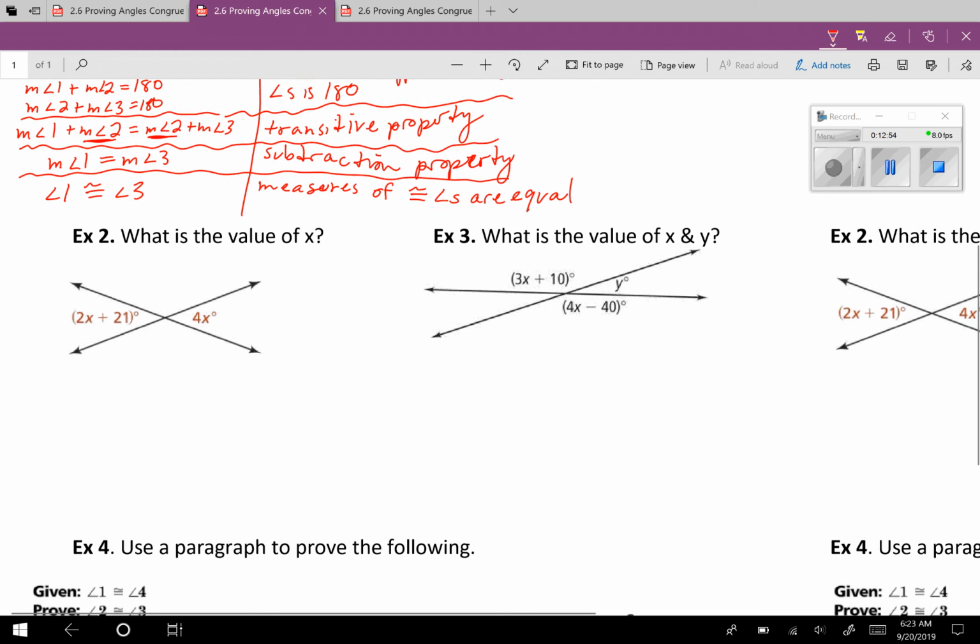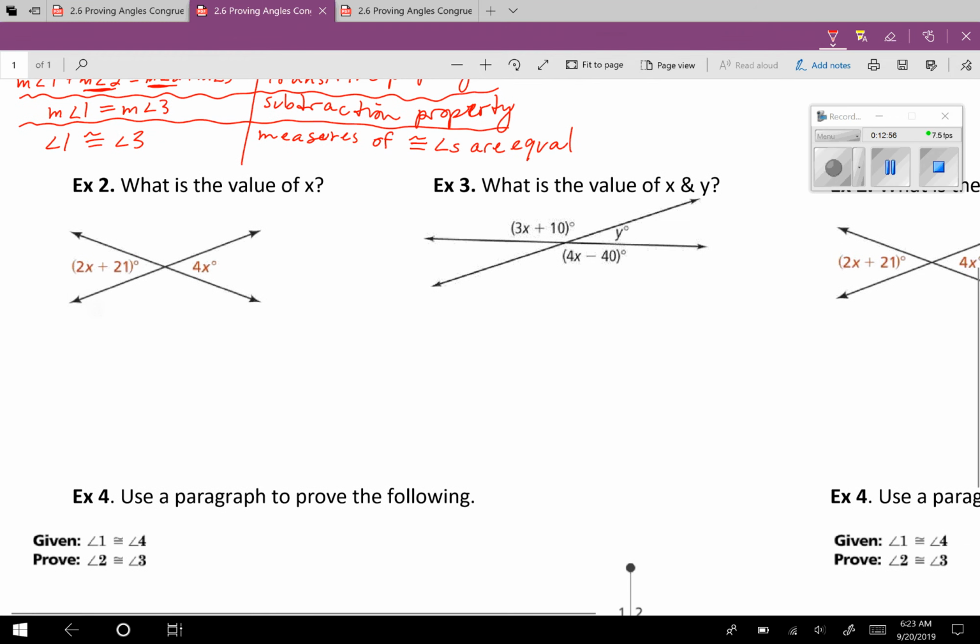So now let's go to example 2 and example 3. It says, what is the value of x? Okay, we can see that these here are vertical angles, so we're really just applying the theorem. Since I know they're vertical angles, I know they're congruent, so I can set them equal to each other. 2x plus 21 is equal to 4x. Now I'm going to solve this for x.